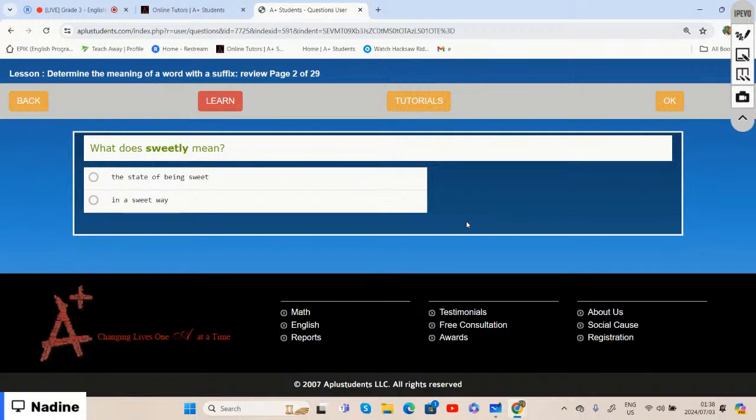All right. So the meaning of sweetly is in a sweet way.